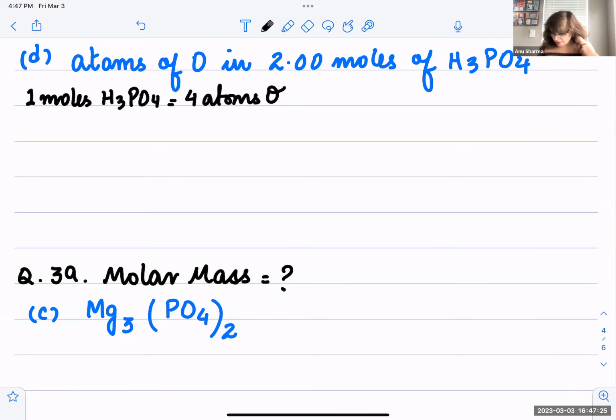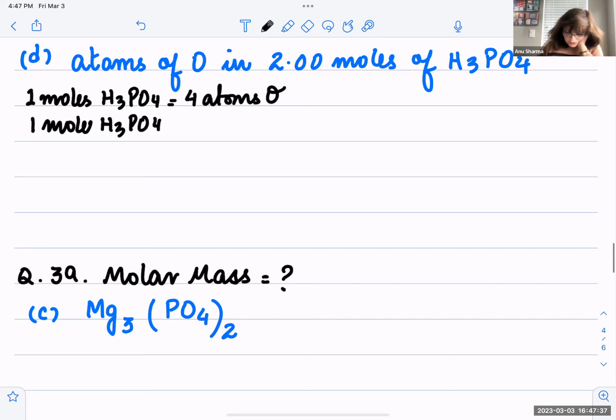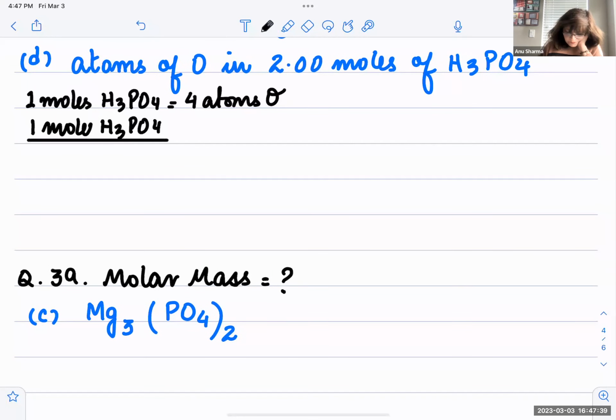It's the same thing. So 4 atoms of oxygen are present in 1 mole of H3PO4. You can create the conversion factor: 1 mole of H3PO4 over 4 atoms of oxygen, or 4 atoms of oxygen over 1 mole of H3PO4.